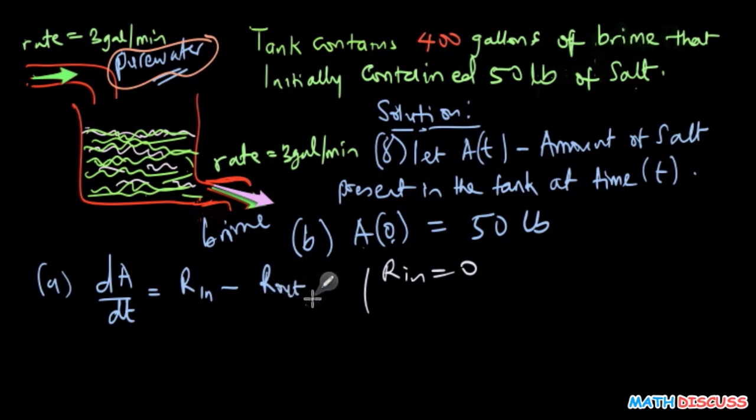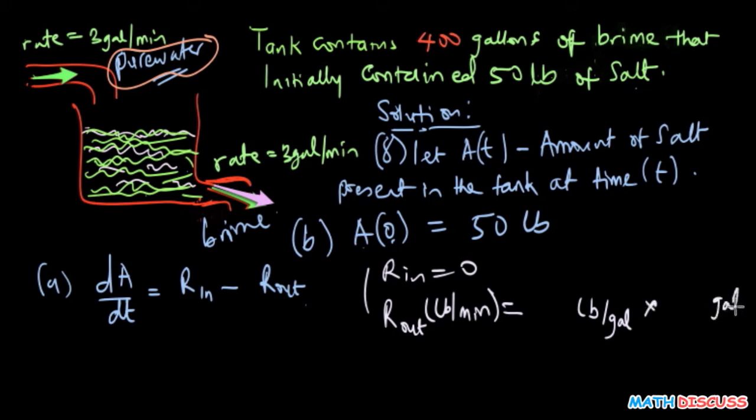Now to find the rate at which the salt is coming out, a very good way to think about it is that R out is the rate at which the salt is leaving the tank, and the unit is pounds per minute. So the formula is pounds per gallon times gallons per minute.